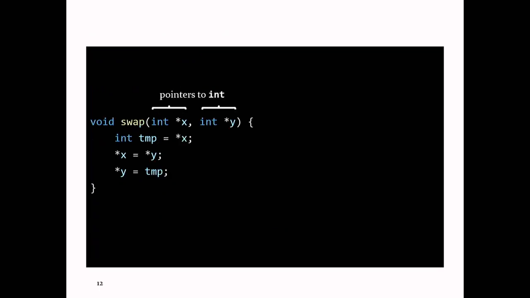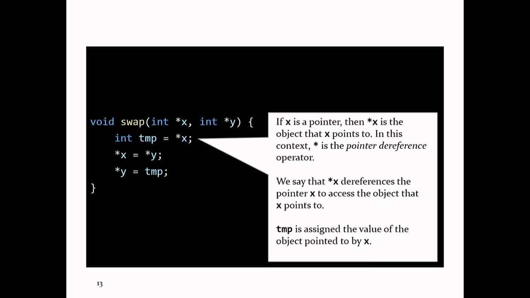So there's our swap function. Instead of taking in two ints, I take in two pointers to int. So if x is a pointer, and in this case it is, then star x is the object that x points to.